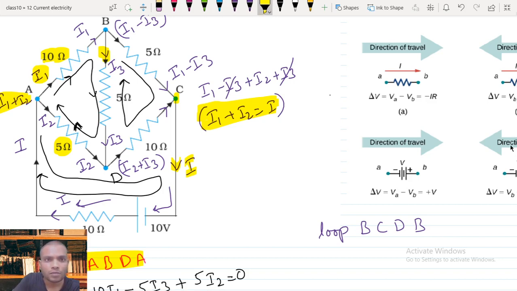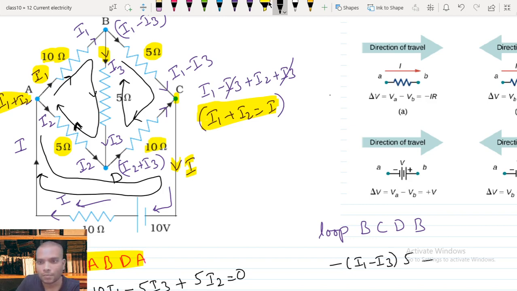Now in that loop across the 5 ohm resistance, the current direction and my direction, they both are same. So you can take that as negative. So minus I1 minus I3 of 5, and across 10 ohm resistance in that loop, my direction of traveling and current direction, in this case they both are positive.